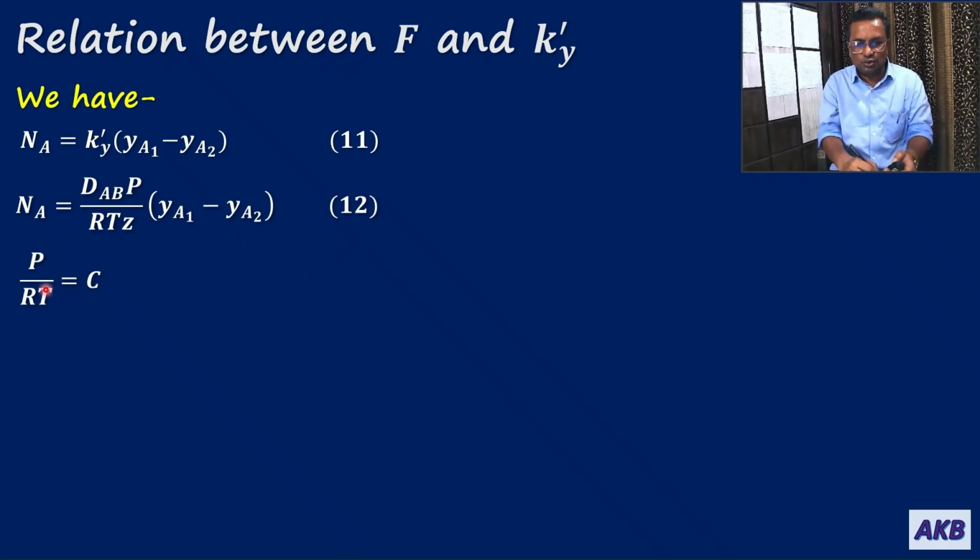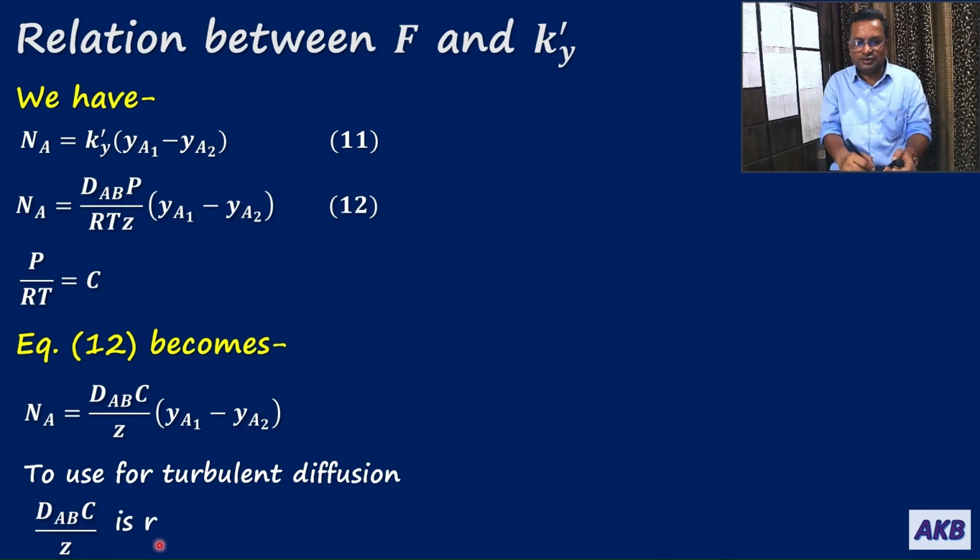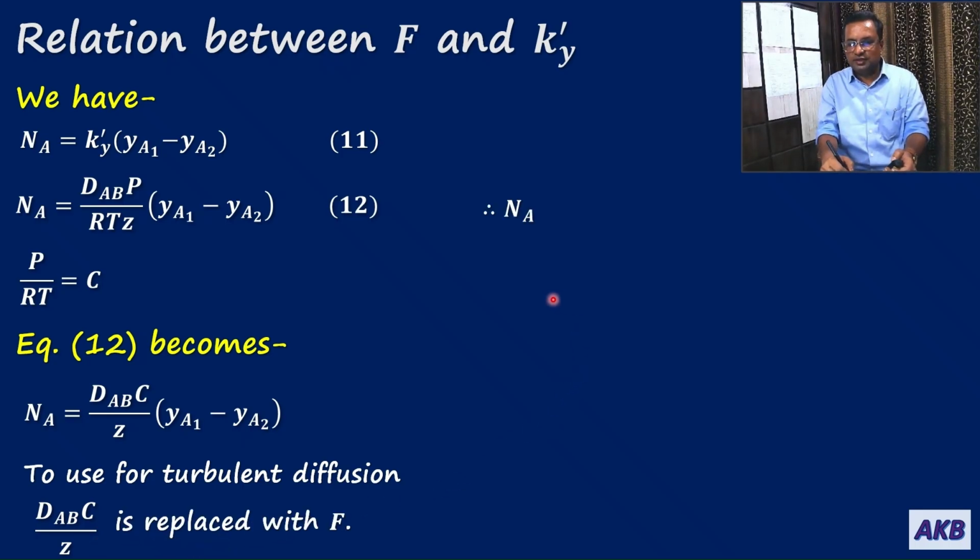Now we also got the replacement for P upon RT, which is C. So equation 12 becomes Na is equal to dAB C upon Z into Ya1 minus Ya2. In order to use this equation for turbulent diffusion, we need to replace dAB C upon Z with F. So Na is equal to F into Ya1 minus Ya2, and I will call it equation 13.